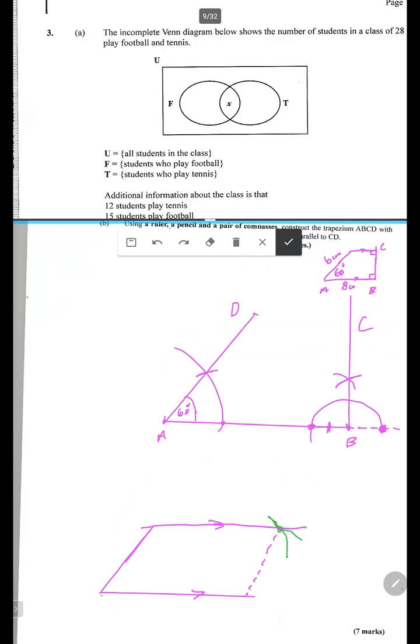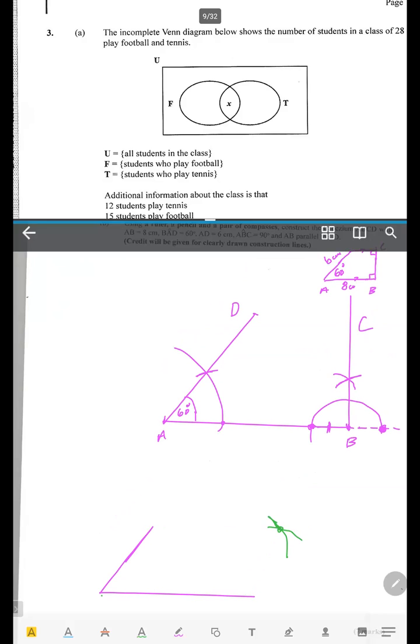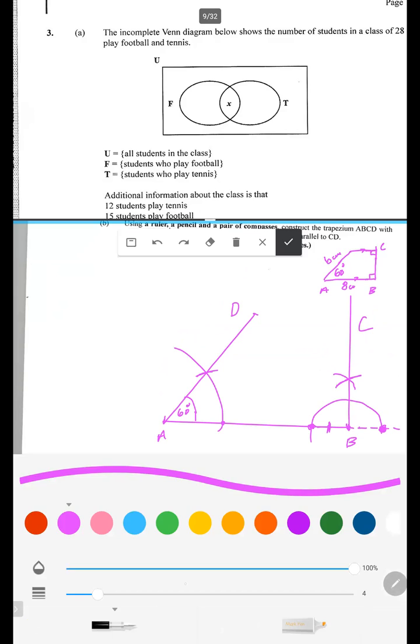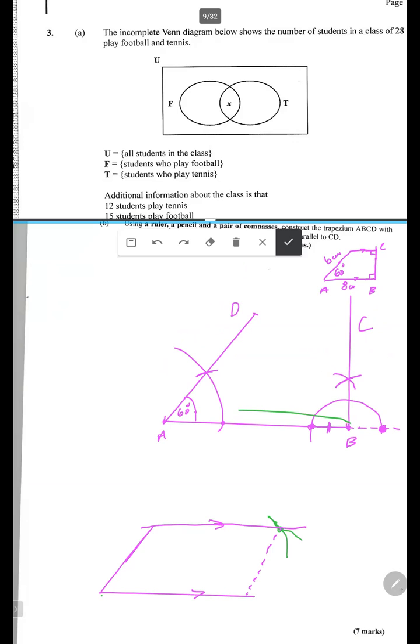So you have to transfer, go back for the green ink. You basically have to transfer this length up here and transfer this length over here.